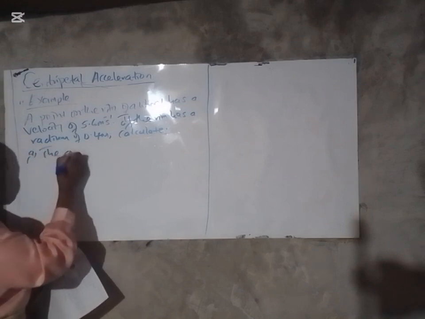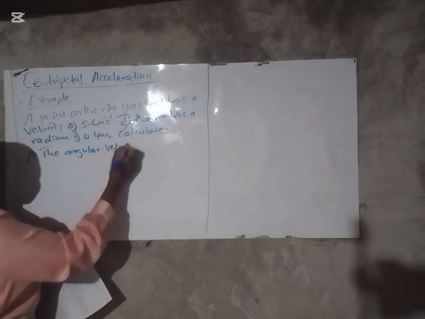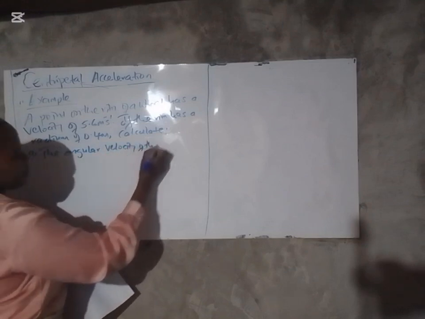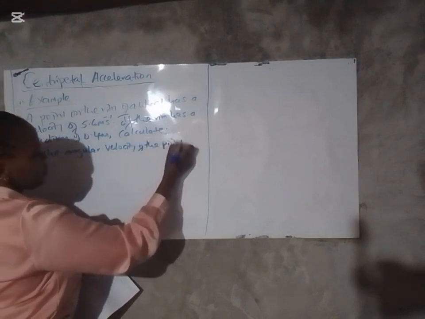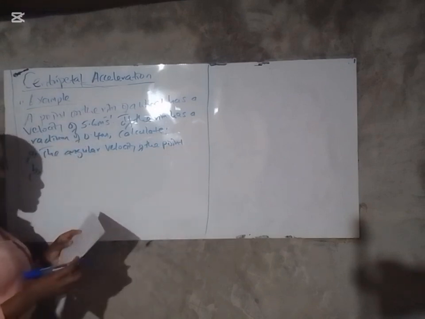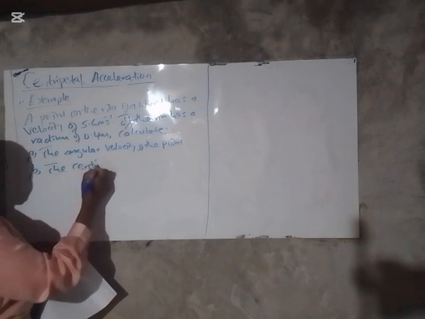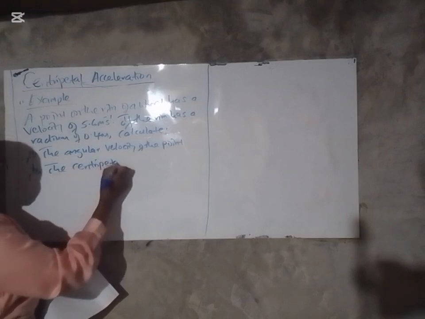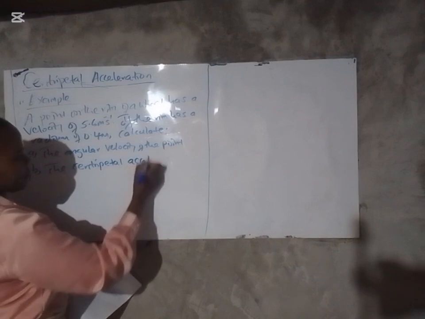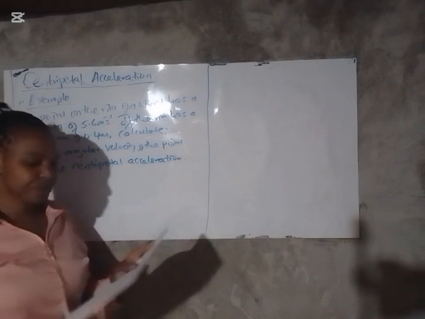A, the angular velocity of the point and B, the centripetal acceleration. Okay?